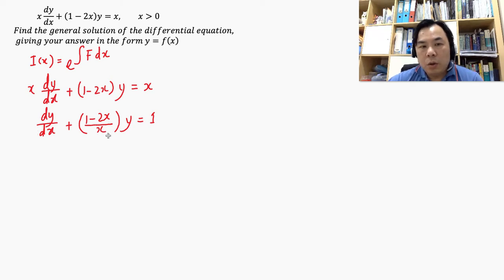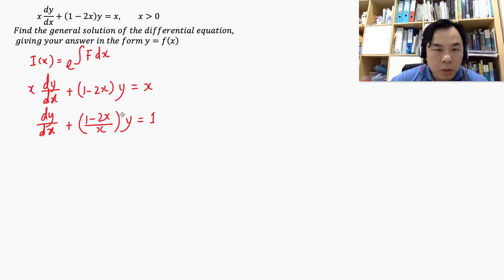And then next, the coefficient for y must be a function of x. If it is a mixture of functions of x and y that you can separate, it is still fine. If it is a mixture of functions of x and y together that you can't separate, then we can't apply this integrating factor method, right?